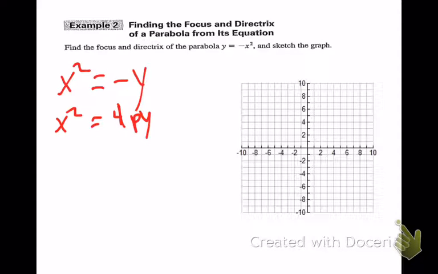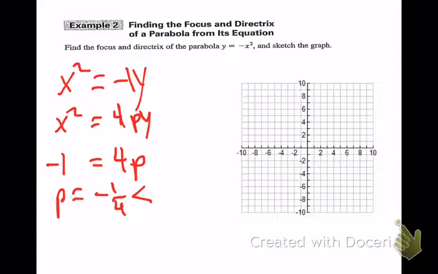So negative 1 is equal to 4p, right? Because we have negative y, or negative 1y. So 4p equals negative 1. Then we solve for p. P equals negative 1/4, which is less than 0. So we know it opens downward.